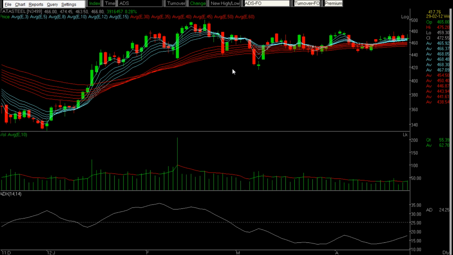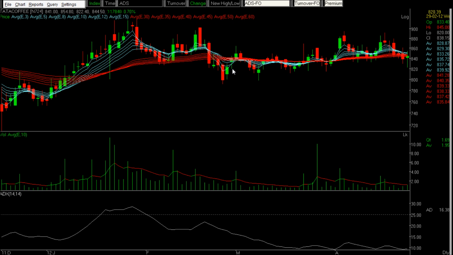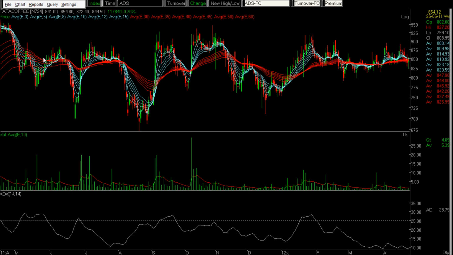I'll give you another example, Tata Coffee. If you see, the stock is in a clear consolidation. The stock goes up a few days and comes down within a few days. I will not take the trade.